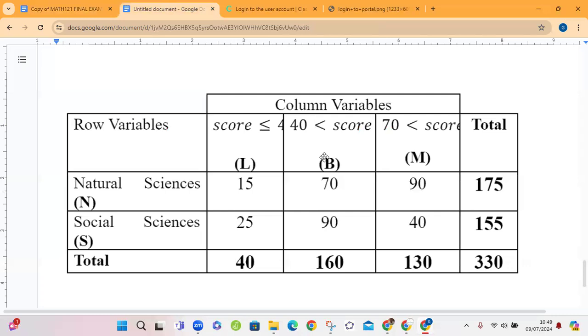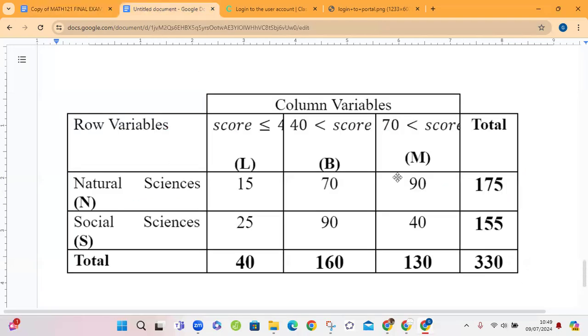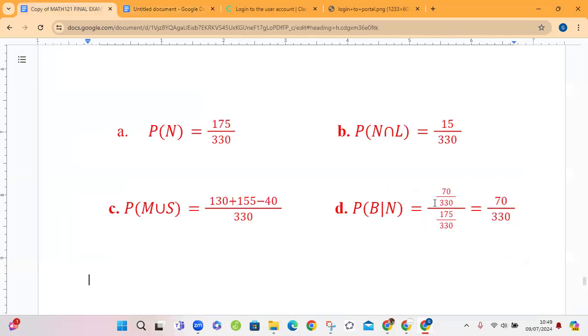So the probability of B intersect N is 70 over 340, divided by the probability of N. The probability of N is 175 over 340. So we've got a fraction over a fraction. The 340 is cancelled out. So this is supposed to be 70 divided by 175 because the 340 cancelled out.